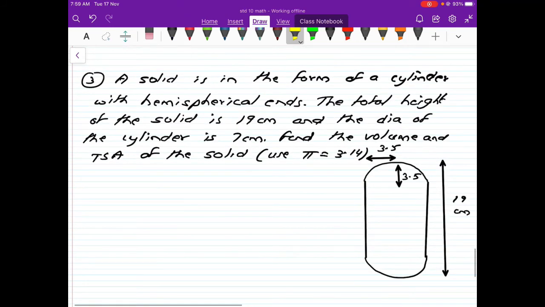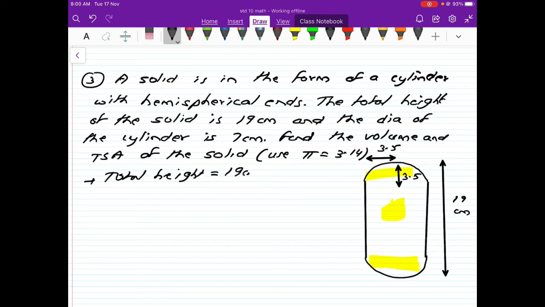We can do one more sum. A solid is in the form of a cylinder surmounted by two hemispheres. So the top and the bottom are hemispheres, and this part is the cylinder. We have to find the volume and the total surface area. The total height, again we have to first find the height of the cylinder separately. The total height given to us is 19 centimeter, of which we can take out the radius.